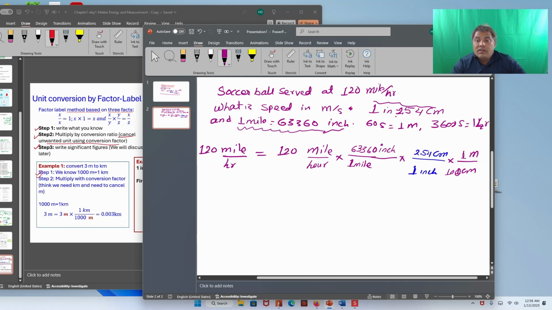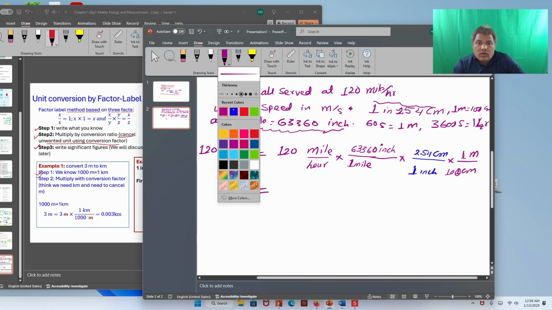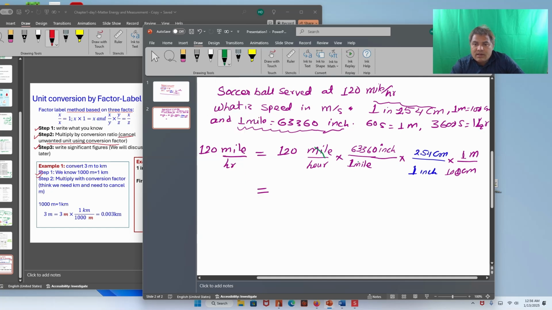This is also a known thing, 1 meter is equal to 100 centimeter. So I want to cancel centimeter. Everything is going to cancel. Look at that, mile cancels, inch cancels, centimeter cancels. Left is meter per hour, right? Now left is hour, we have to convert that hour into second.